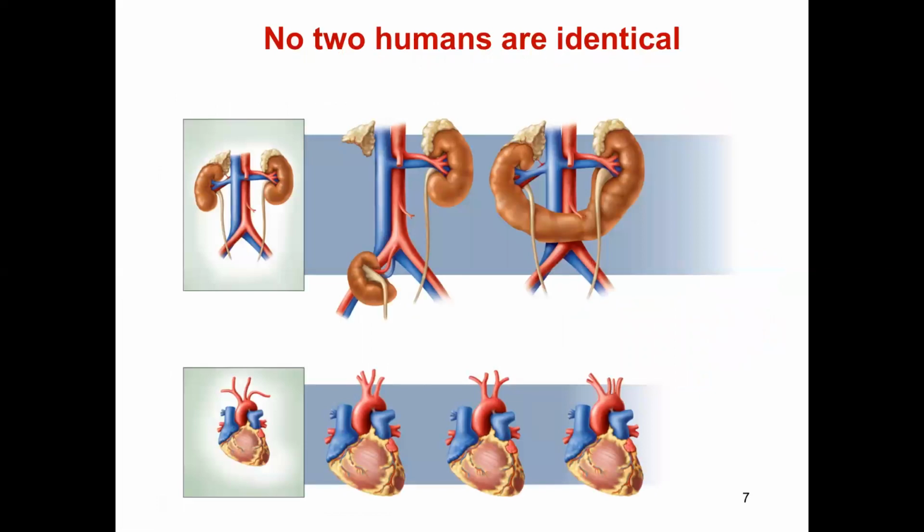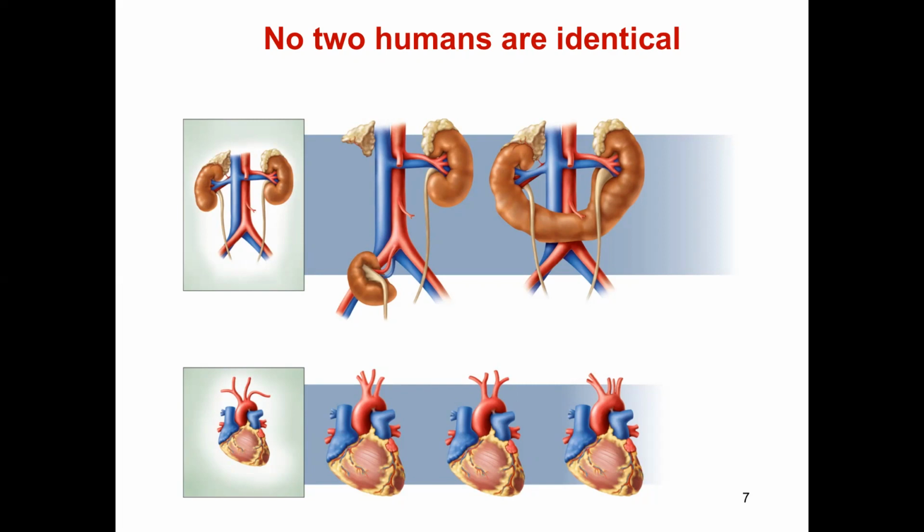Now, it's really important to understand when you're looking at human anatomy or any kind of animal anatomy, that even though we are sort of the same, there are variations. And that is why medicine is an interesting field.